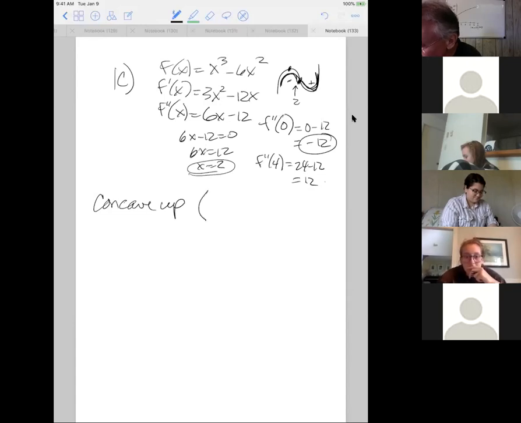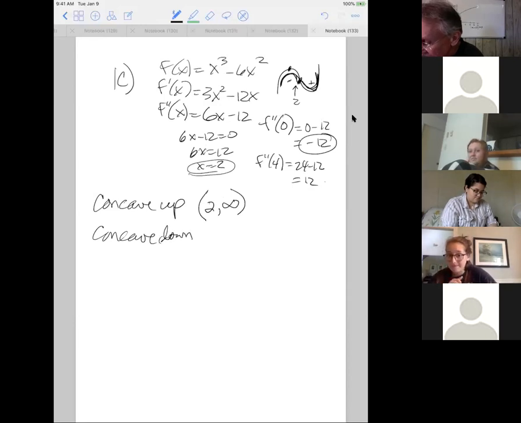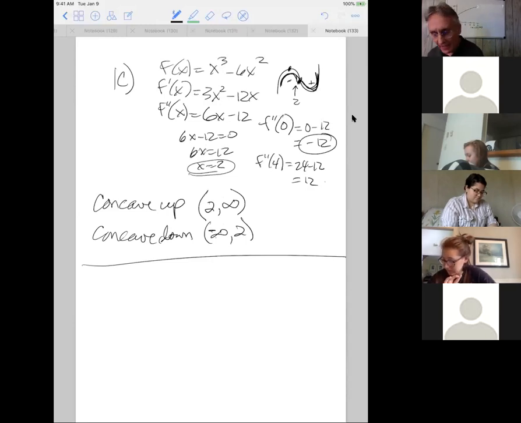Concave up, we're starting from the point of inflection off to the right, and concave down is from the point of inflection on the right and negative infinity on the left. Questions on that at all? And then the actual point of inflection was a matter of, we found it. It's where the concave down turns into concave up.